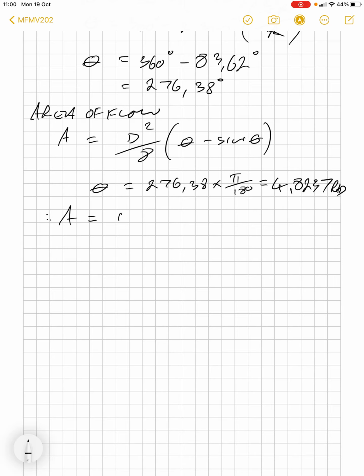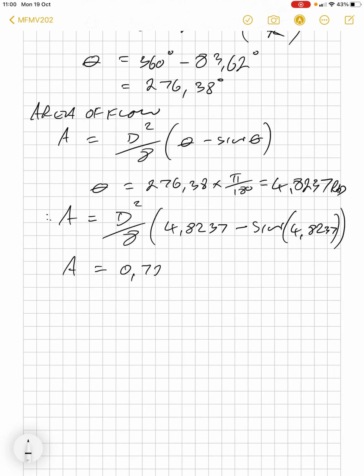So A is equal to d squared over 8 times 4.8237 minus sine of 4.8237, and area is equal to 0.72719 d squared.